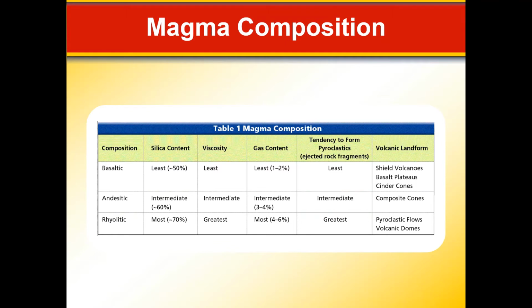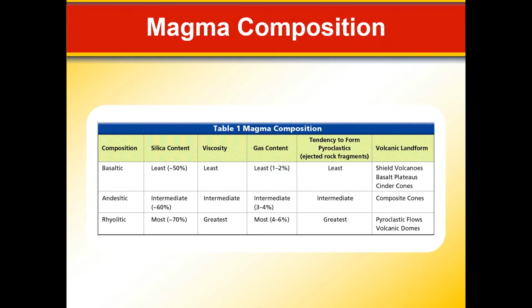And these are your magma compositions. So basaltic, silica is approximately 50%, gases at 1 to 2%, and your tendency for pyroclastics is the least because these are the most fluid flowing magma.